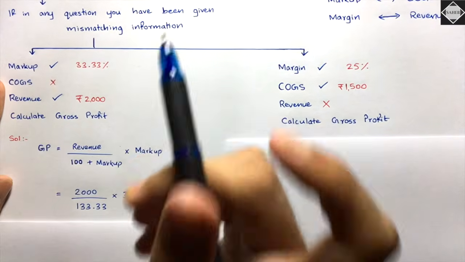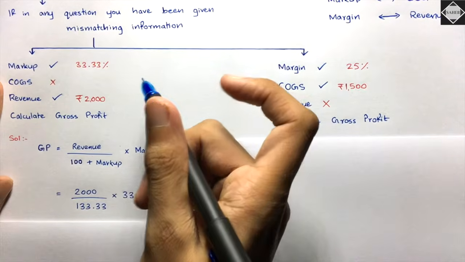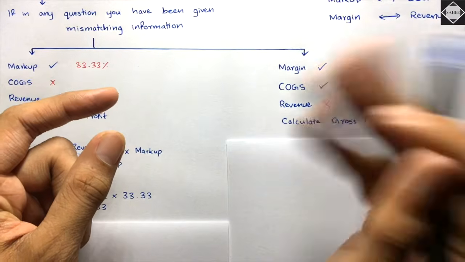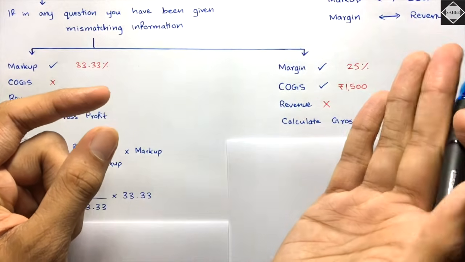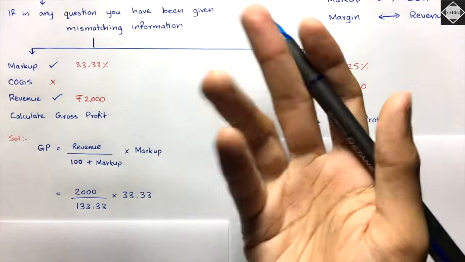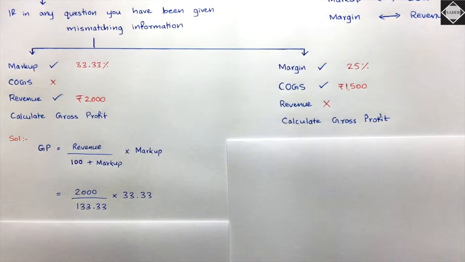Cost of goods sold, cost, we assume it to be 100%. If cost is 100%, then of course the revenue will be more than that. If there is a profit, then revenue will be more. By how much is it more? It is more by, you already know, 33.33%, isn't it?